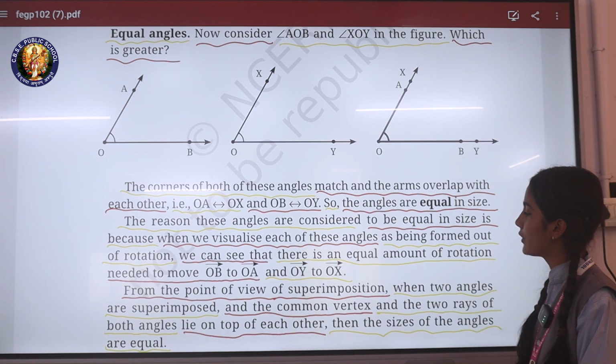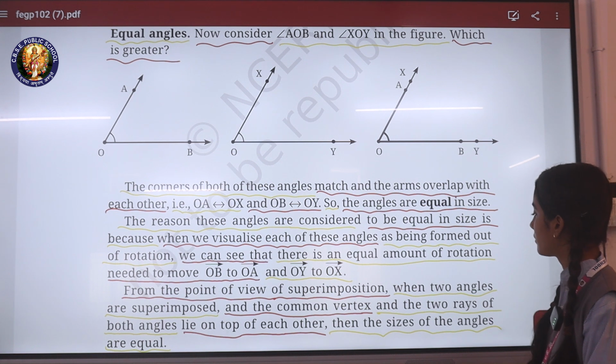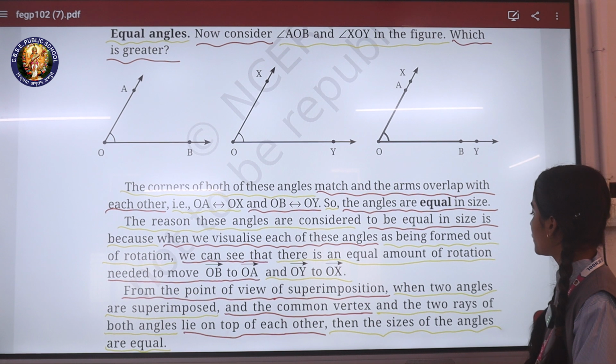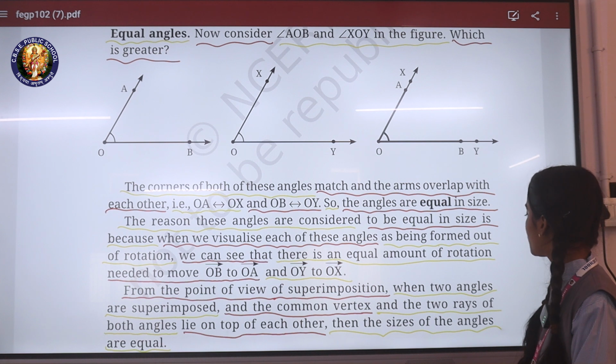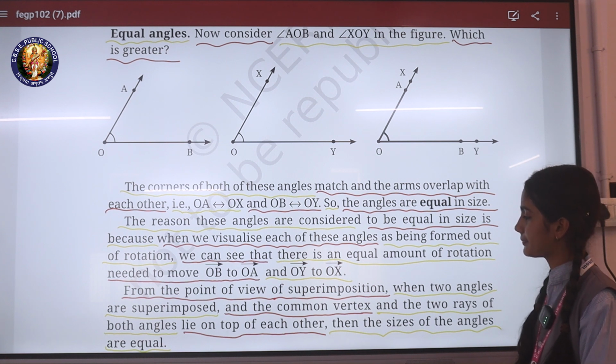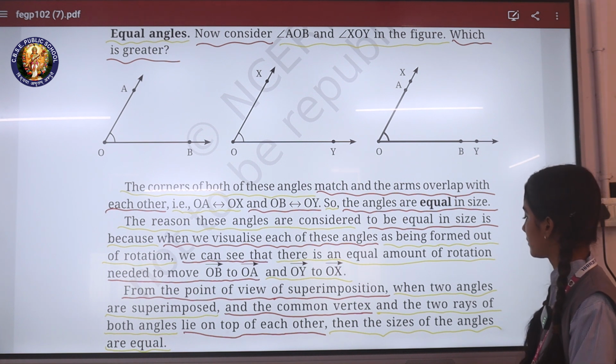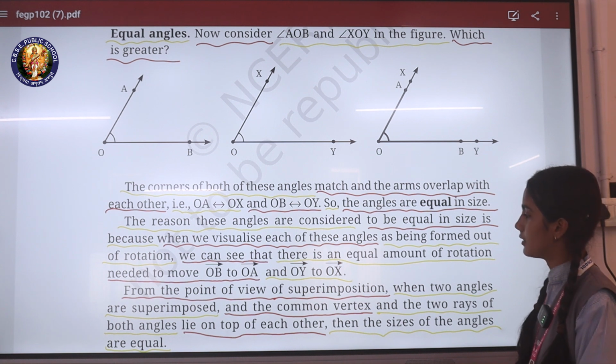From the point of view of superposition, when two angles are superimposed and the common vertex and the two rays of both angles lie on top of each other, then the angles are equal.